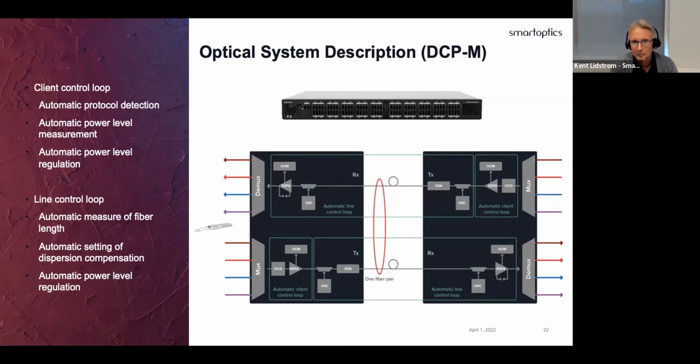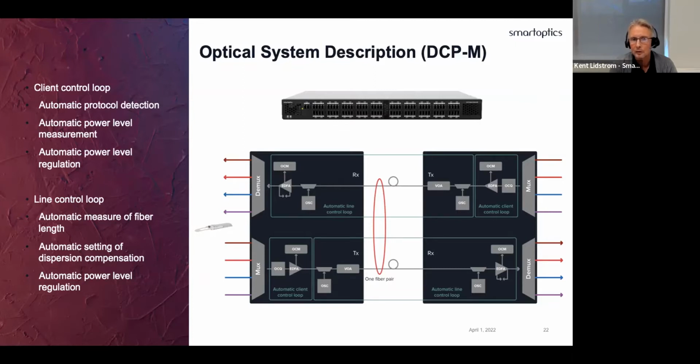In this particular case, we want the PAM4 to have a higher power level than the others going into the line fiber, because they require that for their optical performance. So everything we add on the client side will be automatically detected and automatically balanced to the appropriate level.